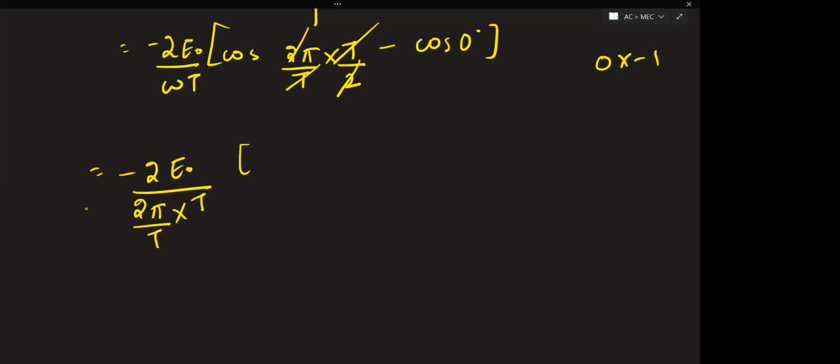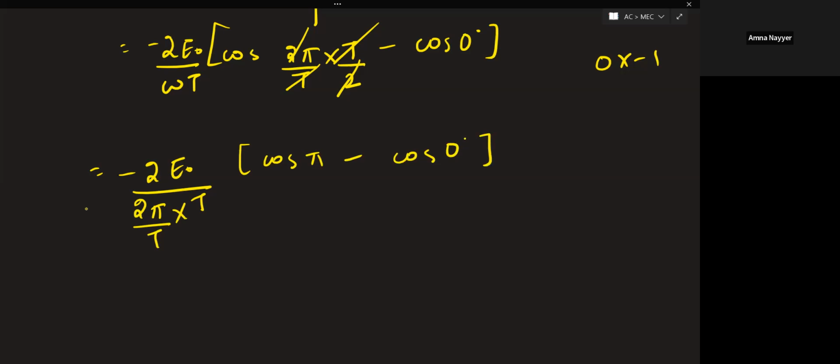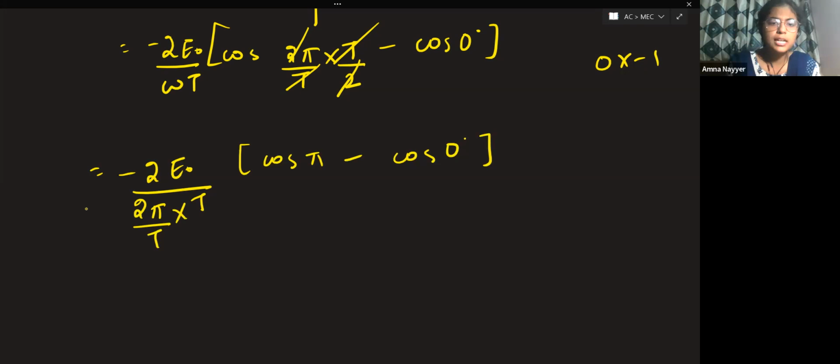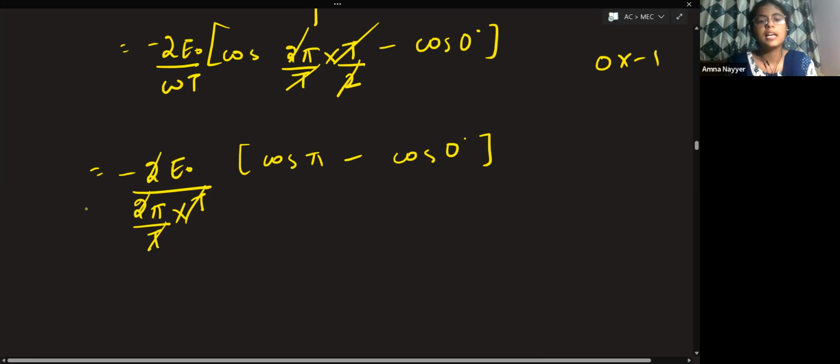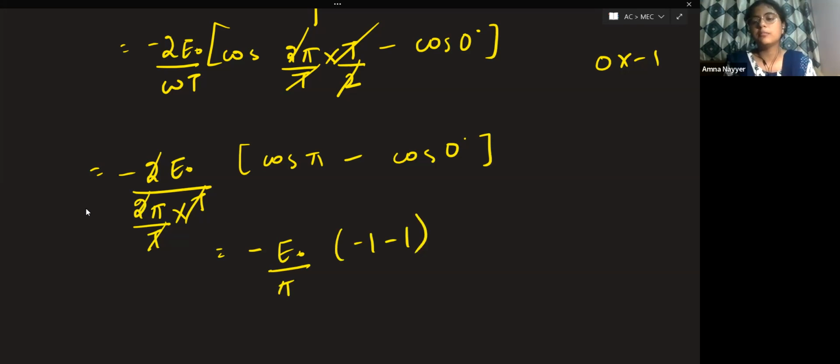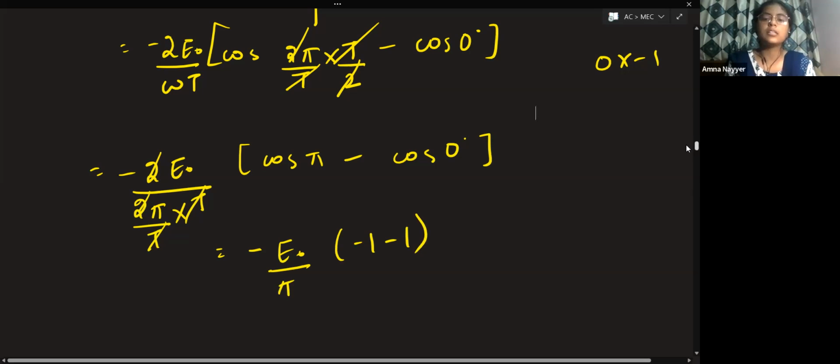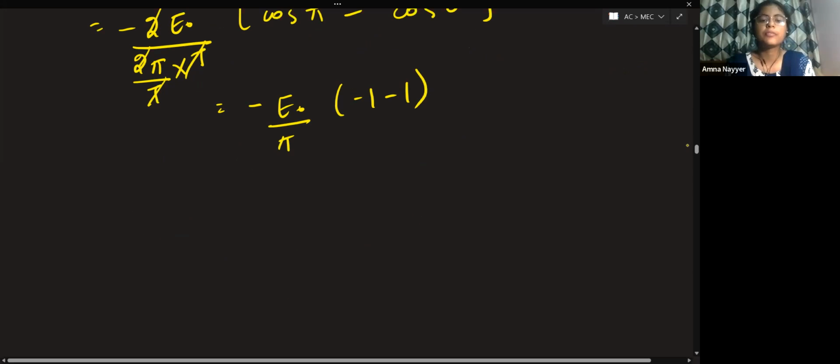And this is cos pi minus cos 0 degree. So from here 2 gets cancelled, T gets cancelled, and we have minus E naught by pi multiplied by minus 1 minus 1. So minus 1 into minus 1 gives you minus 2.